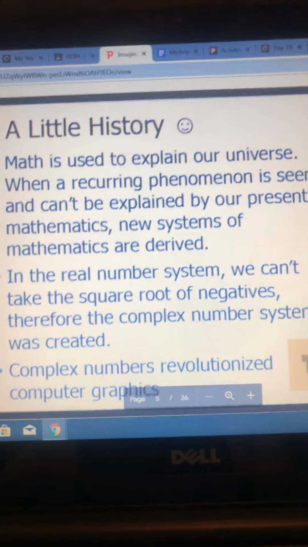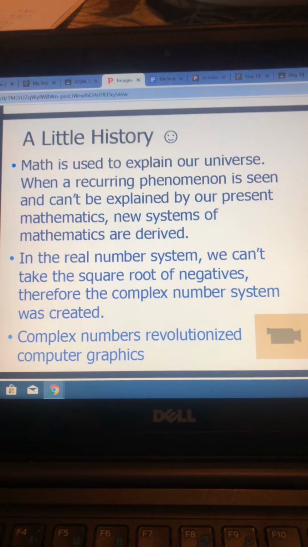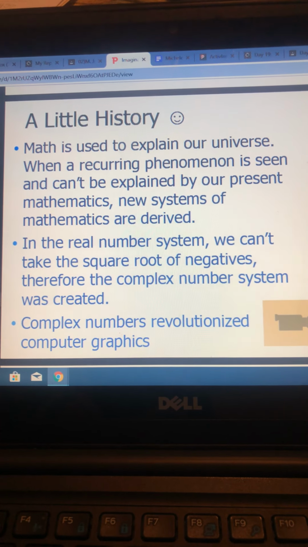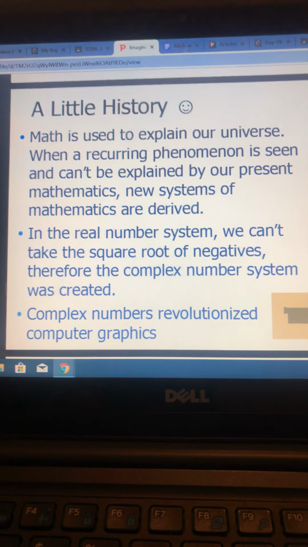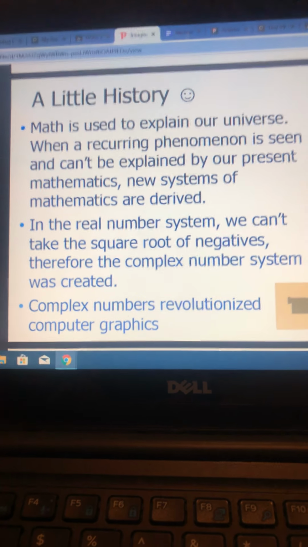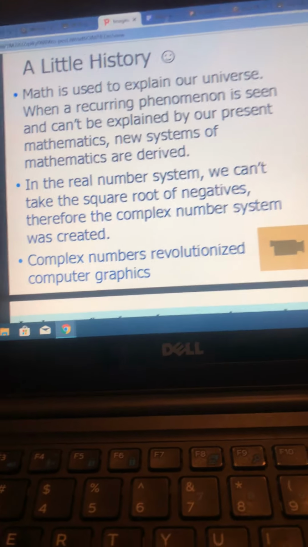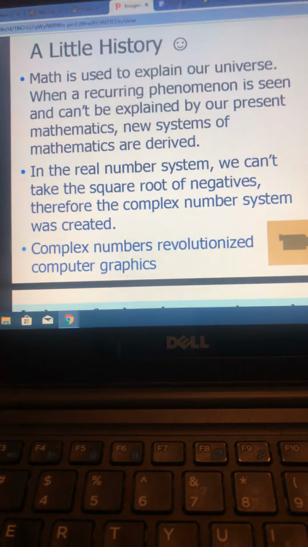A little history here. Math is used to explain our universe, and when a recurring phenomenon is seen and can't be explained by our present mathematics, new systems are derived. In this case, in the real number system, we can't take the square roots of negatives, therefore the complex number system was created.